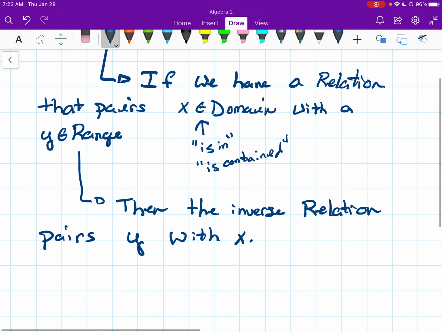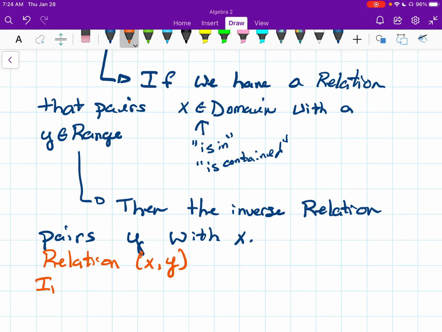So if your relation has x, y, then the inverse relation would be y, x, right?